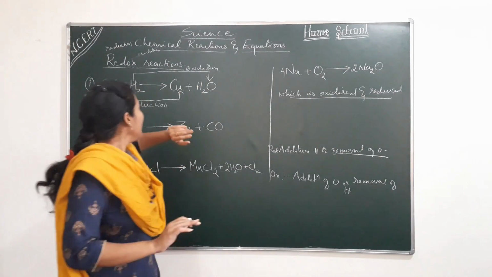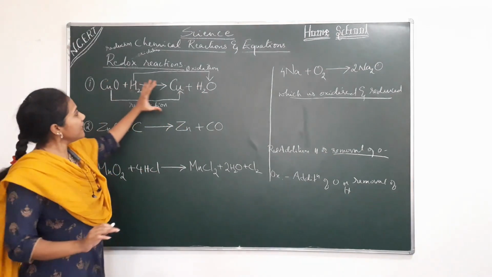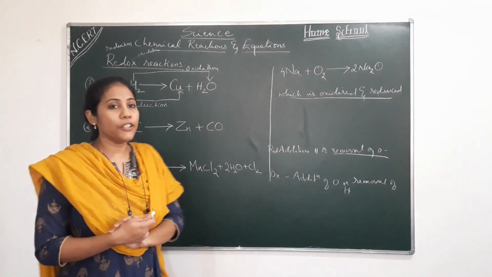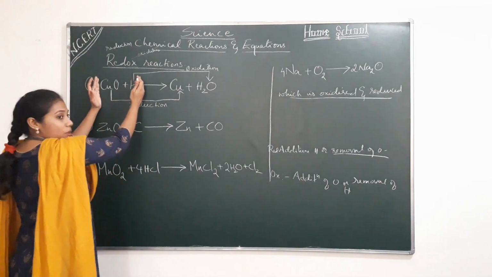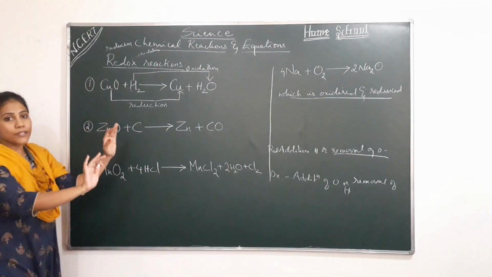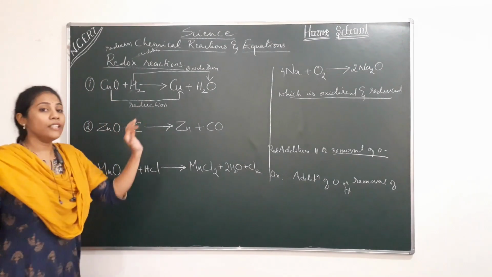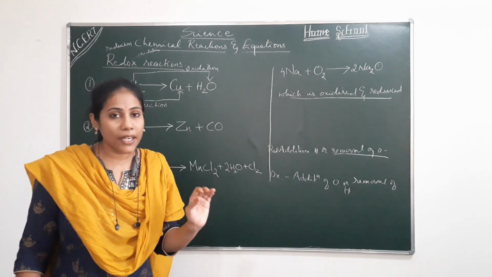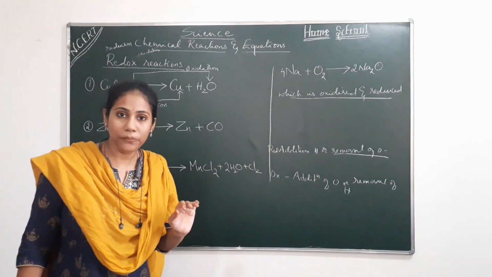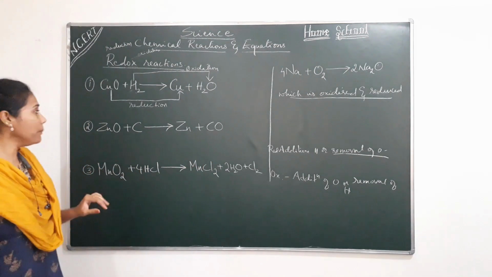Which is oxidized and which is reduced? You have to concentrate only on the reactants. Among the reactants, one will undergo reduction and one will undergo oxidation, right? So that is what you have to mention.